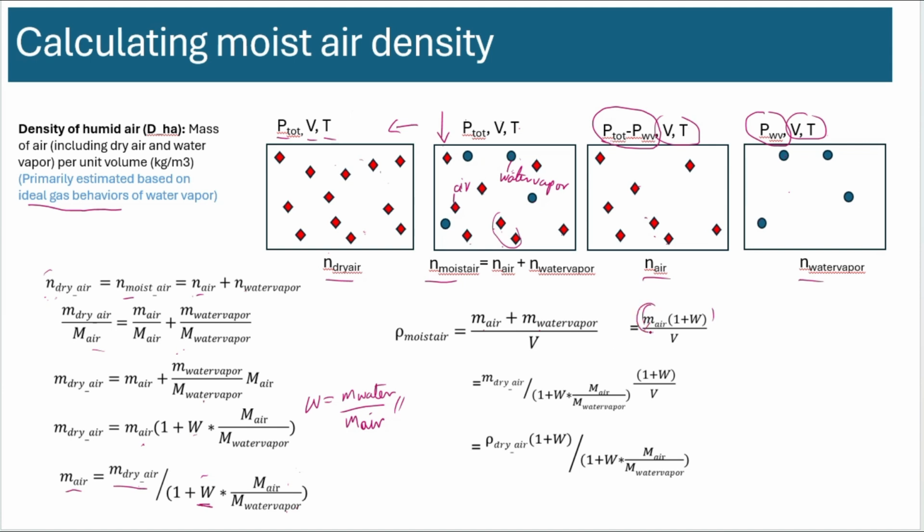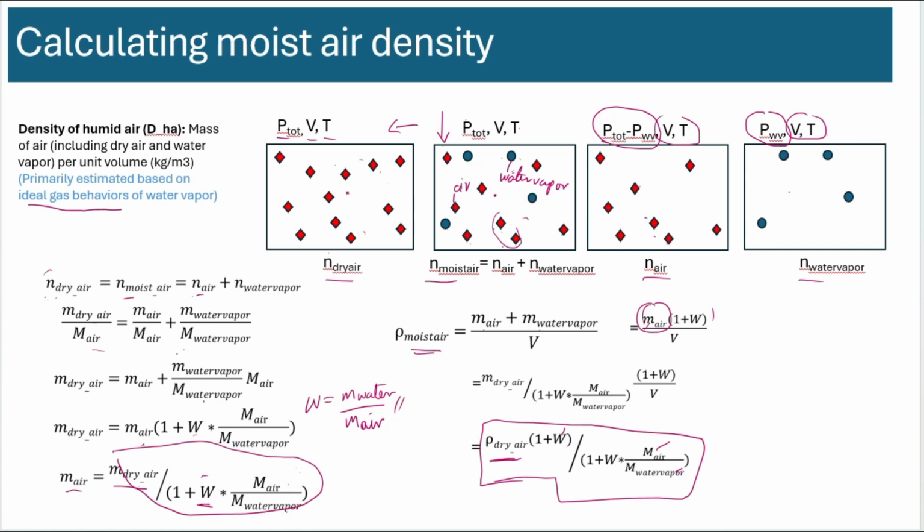Now you replace this m air with this equation here. If you replace that, the rho of moisture can be rewritten mainly in terms of this equation, which basically needs the density of dry air, the equivalent dry air. And you also need to know the molecular weights and the humidity ratio of this chamber.